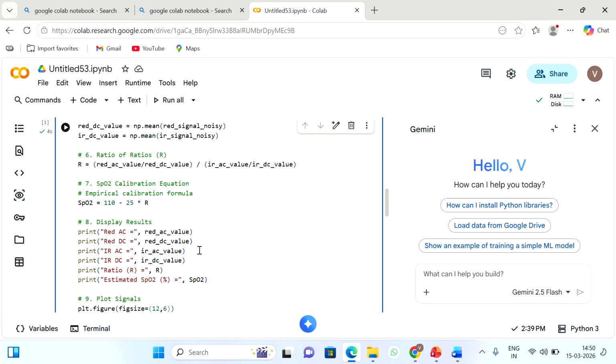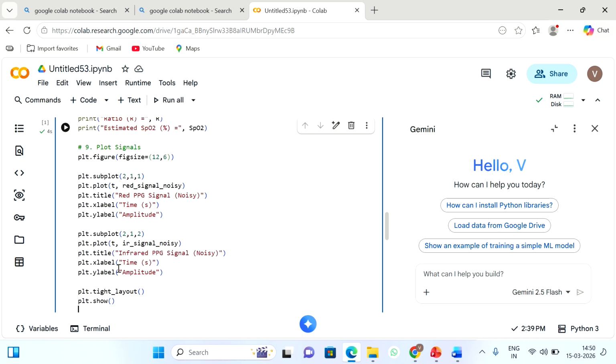Then go to plot the signal. plt.figure with 2, 1, 1 creates a 2 rows, 1 column layout. The top plot is the red signal and the bottom plot is the IR signal. plt.tight_layout adjusts the spacing, and plt.show displays the graph.